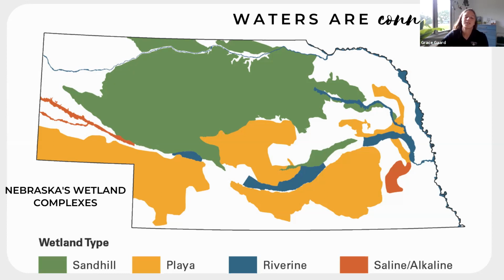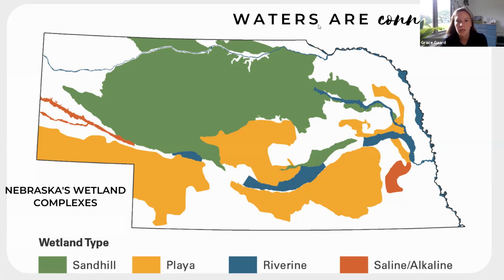Animals don't stick to boundaries that we give them, and they still could possibly be found somewhere else. And there's a lot of research usually on sightings and where they've been documented as well. So keep in mind these different wetland complexes.